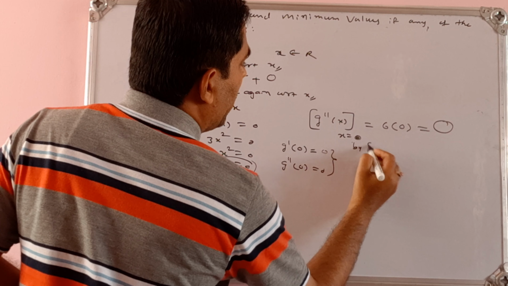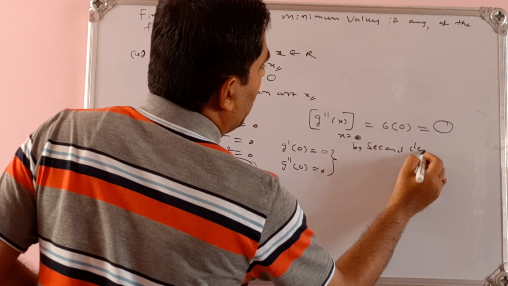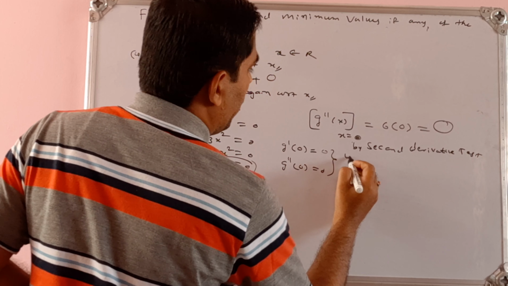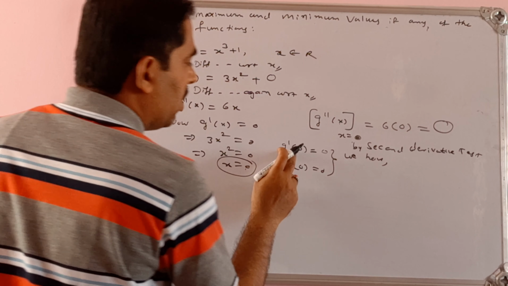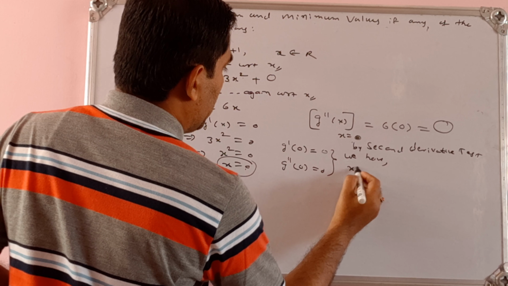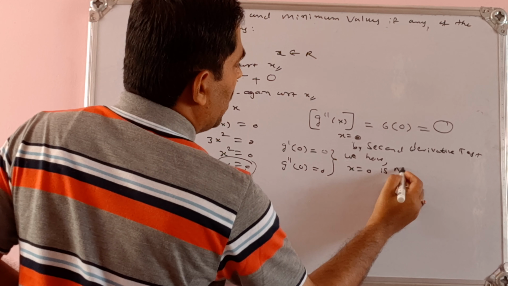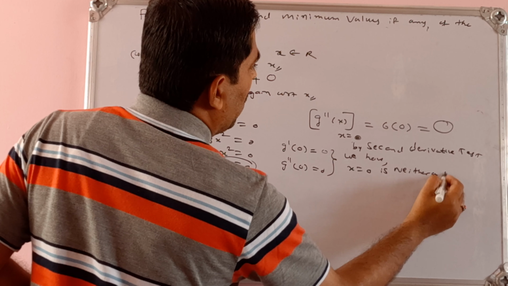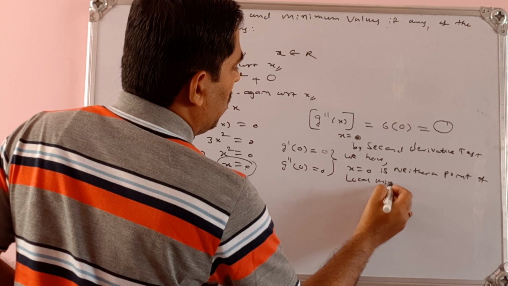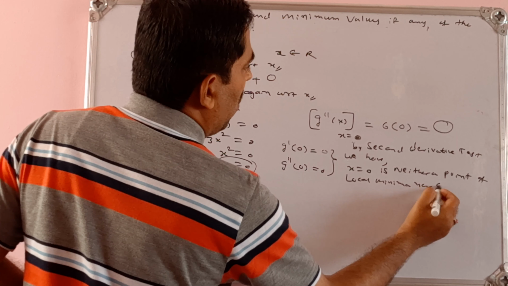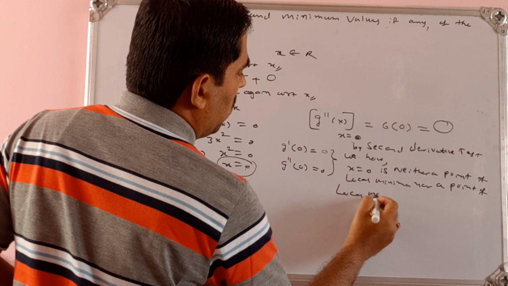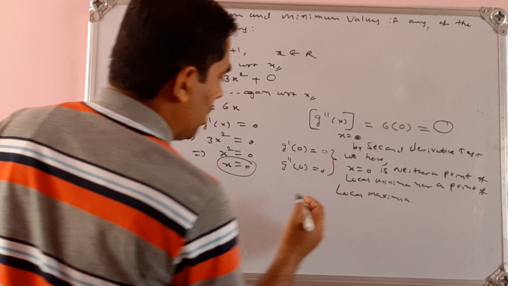So by the second derivative test, both are 0. So the second derivative test fails. That means x is equal to 0 is neither a point of local minima nor a point of local maxima.